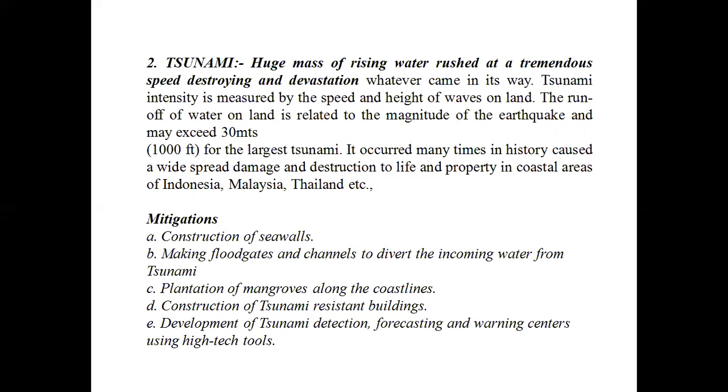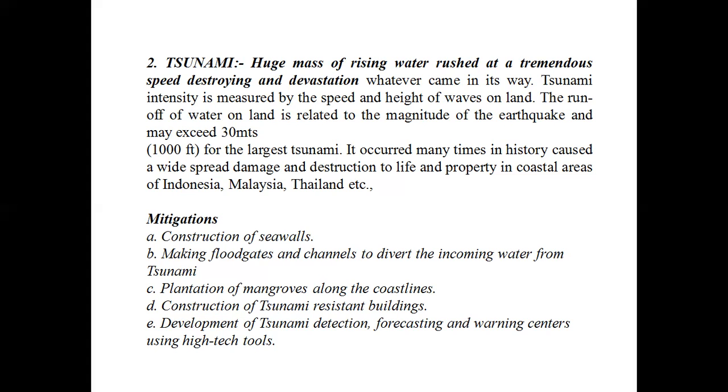It has occurred many times in history, causing widespread damage and destruction of life and property near coastal areas: Indonesia, Malaysia, Thailand, Jakarta. These are the most common areas, where tsunamis keep regularly happening, as they have identified.